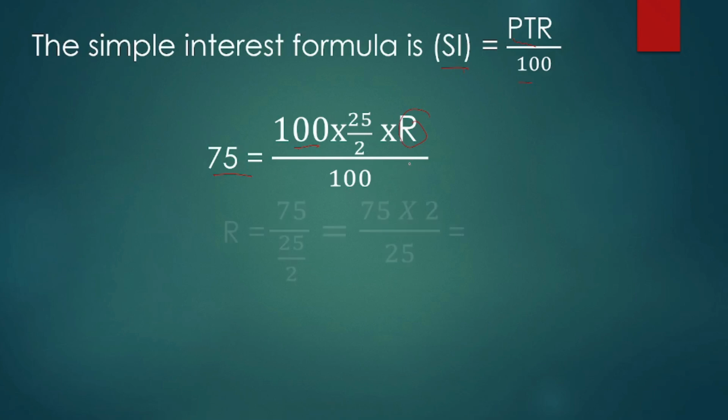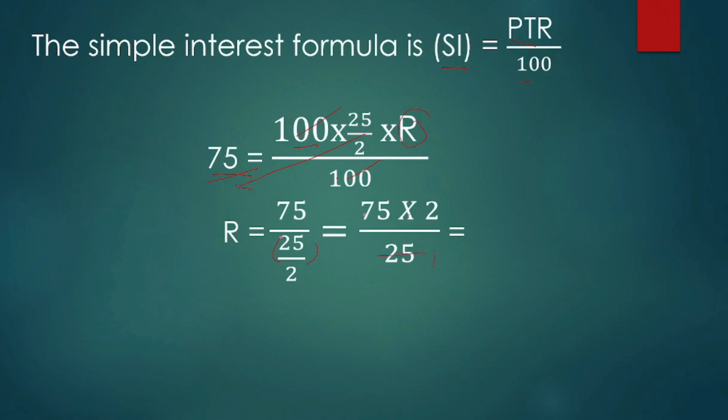Now this 100 and this 100 get cancelled. So this 25 by 2 goes to the denominator. That's why 75 by 25 by 2, and if you multiply, the fraction becomes reversed, 2 by 25.